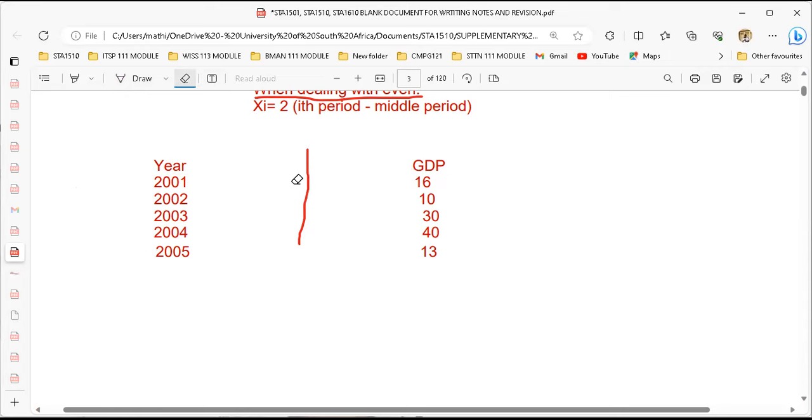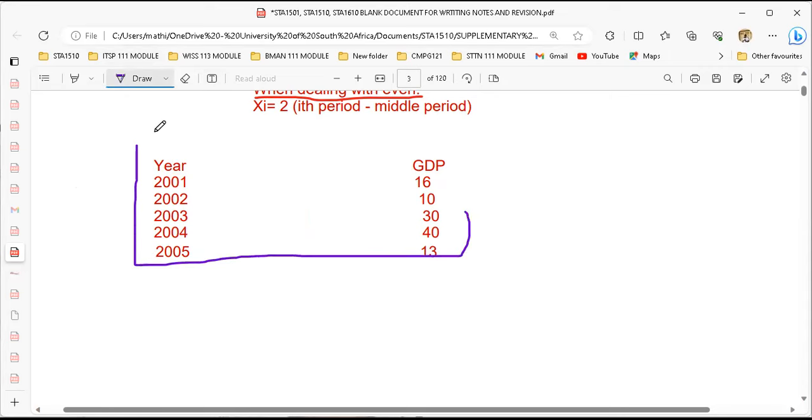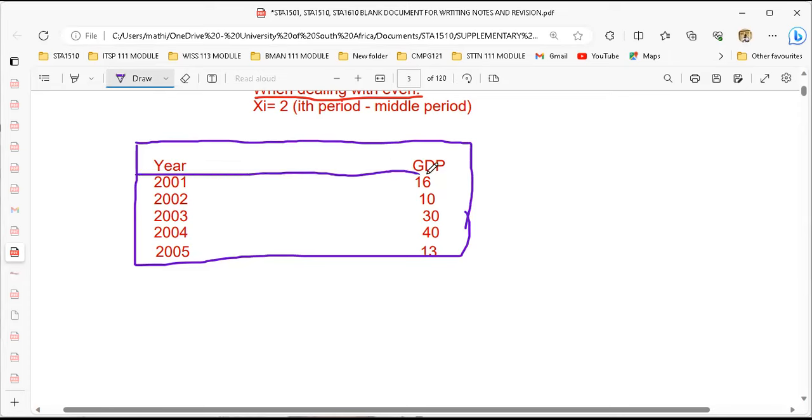I think it's better if I use a different color. This is my table, not drawn to scale. All right, let's just do it like this.